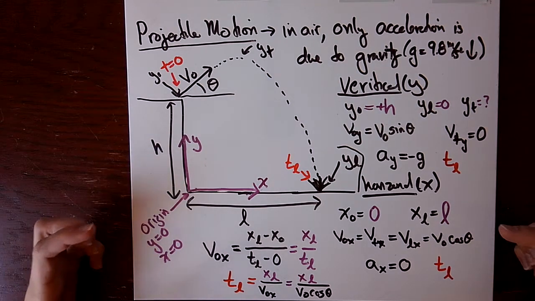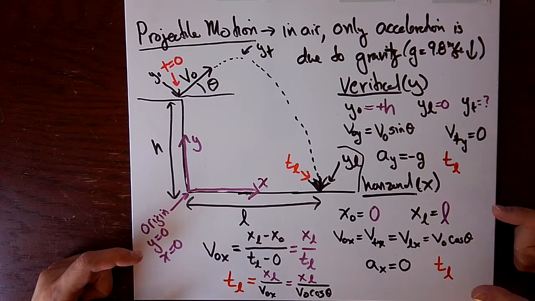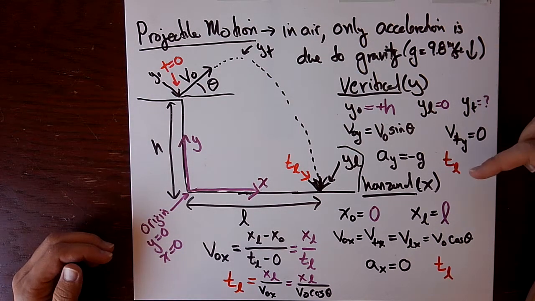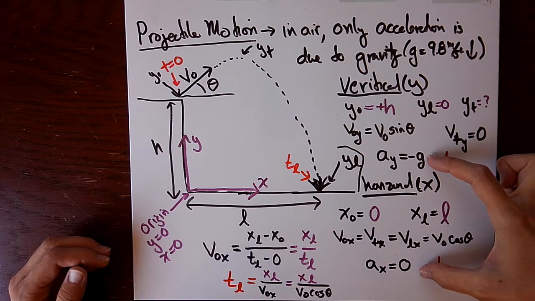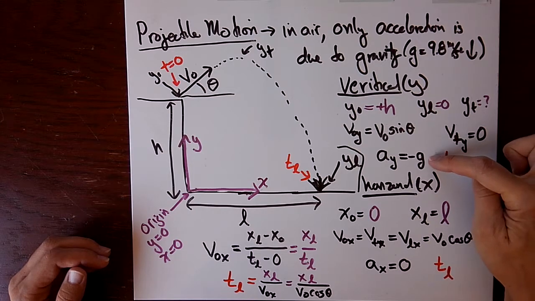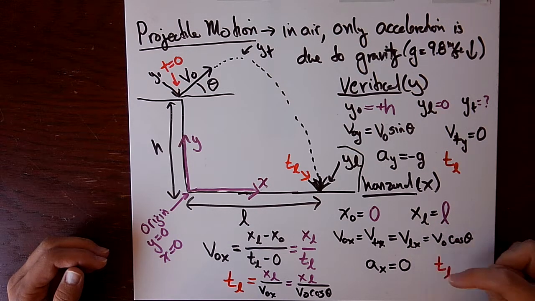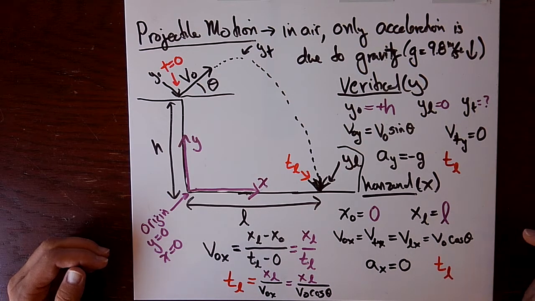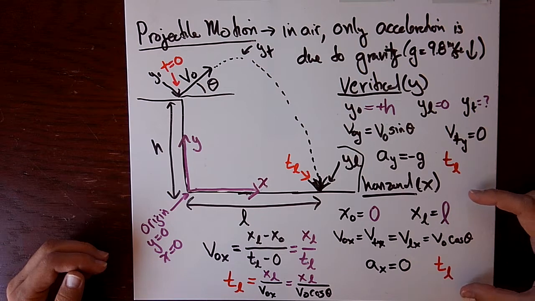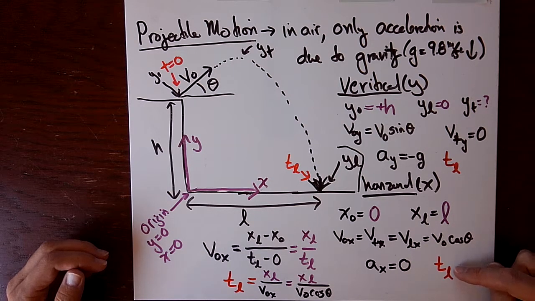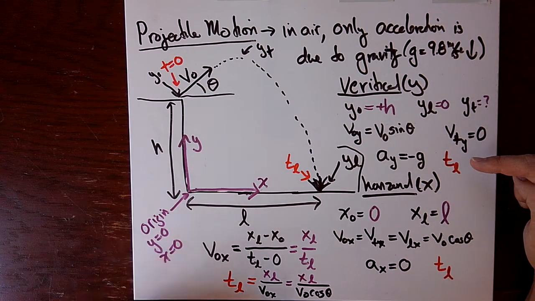You find time in one direction, usually horizontal and vertical, because that divvies our acceleration up into constant and 0, which makes our life really easy in the equation. So you use one direction to find time, and then you plug that time into the other direction to solve for things.